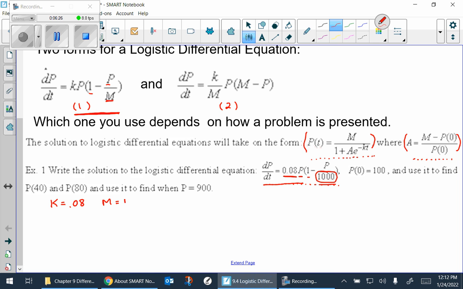So if I know these different forms for the logistic differential equation, then when I'm given the rate at which the population is changing with respect to time, I can figure out what k is and I can figure out what M is. And now I'm going to use those things using these equations over here.